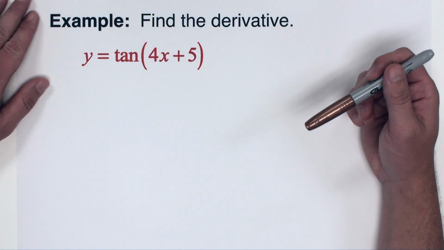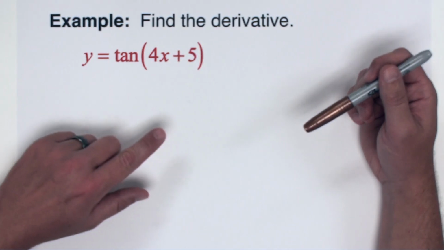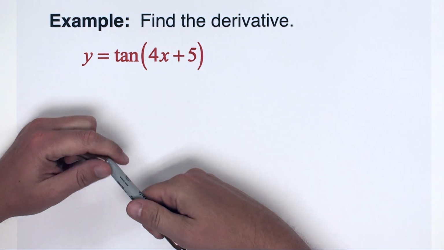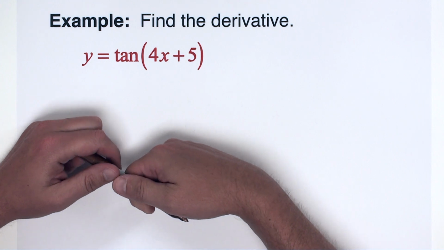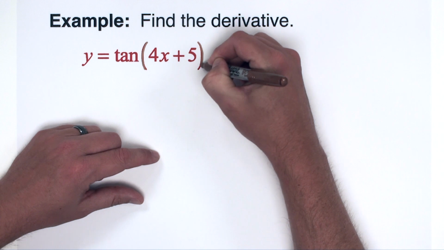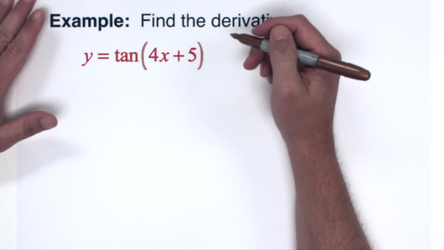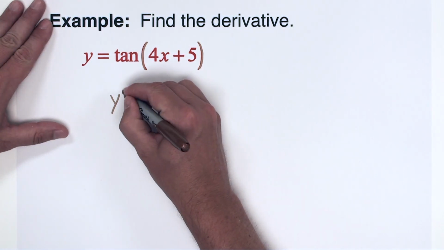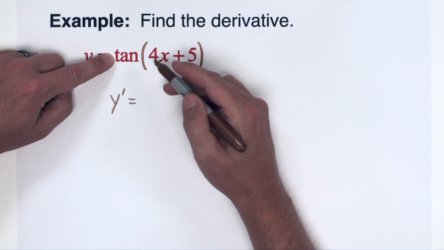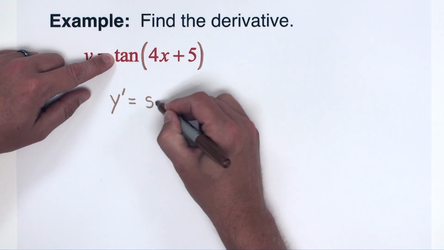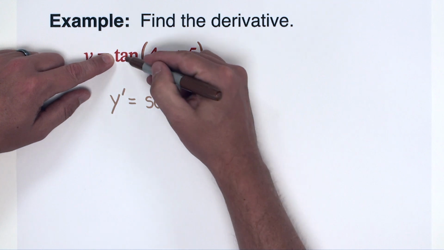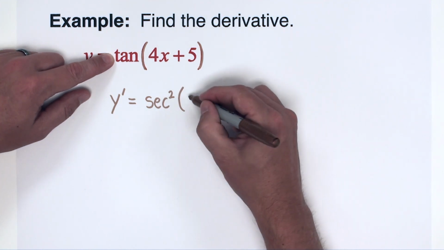Okay, next example, we have y equals tangent of 4x plus 5. Again, just like in the last two problems, the trig function is the outer function, and what we see here inside of parentheses, the 4x plus 5, that is our inner function. So we're going to begin this, we can go right to the derivative. The derivative of tangent is secant squared. And when I do the outside, again, the inside stays the same.